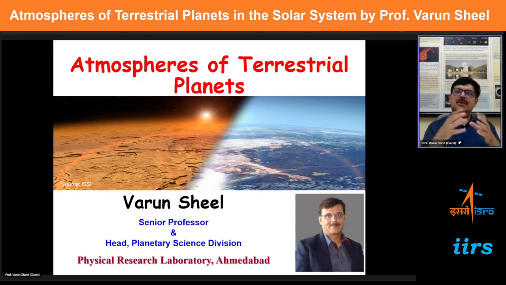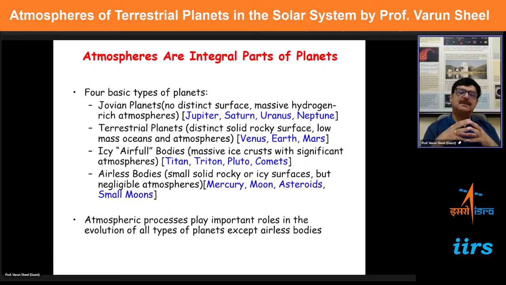And in that also, we have planets which have atmospheres, and we have bodies which do not have atmospheres. So I will again concentrate on the terrestrial atmospheres, but just to give you a brief idea, and all of you know this, we can divide our solar system into four basically distinct types of planets.